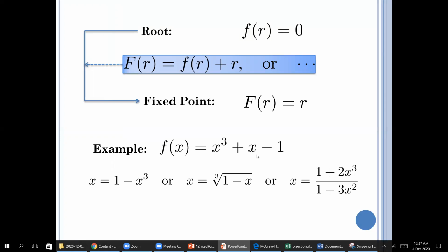Another will be, transpose x minus 1 to the other side and take the cube root of it to get this equation. Or add terms to have this equation. So in root finding using the fixed point iterative method, you could add terms to our original equation.